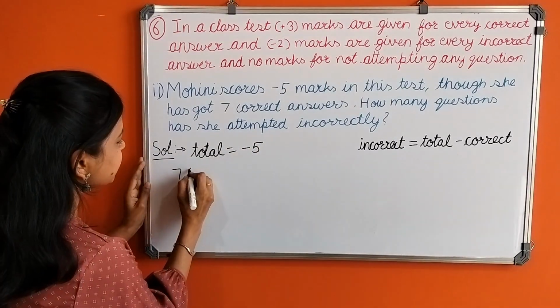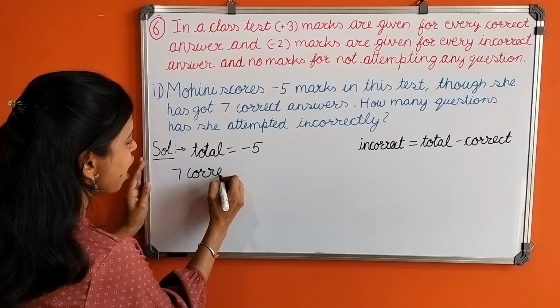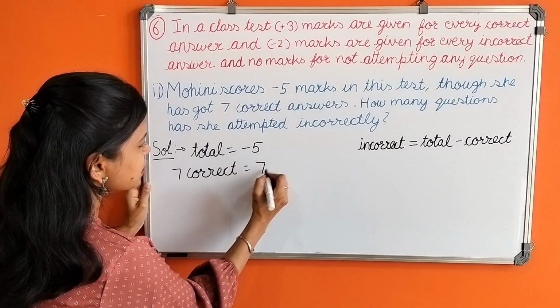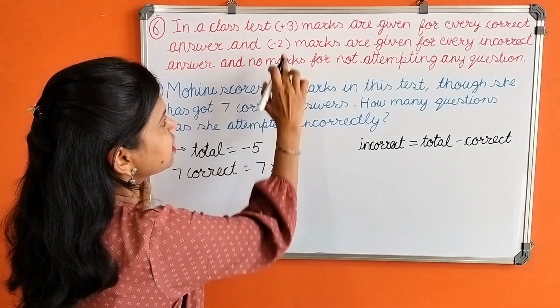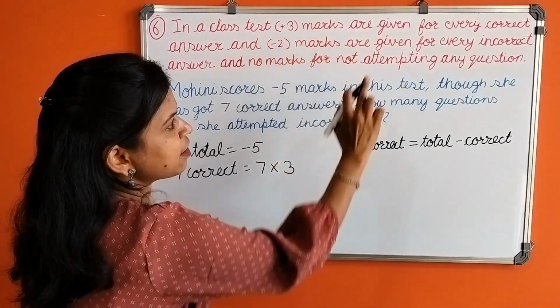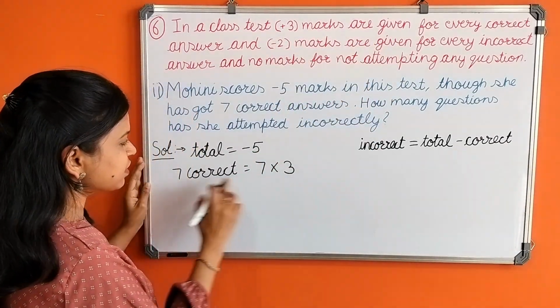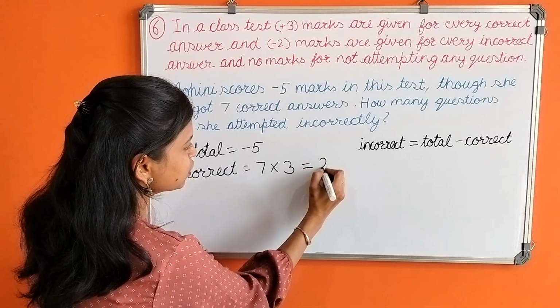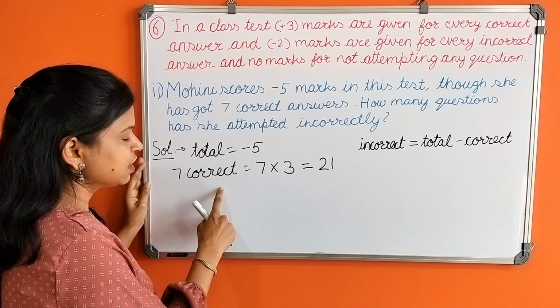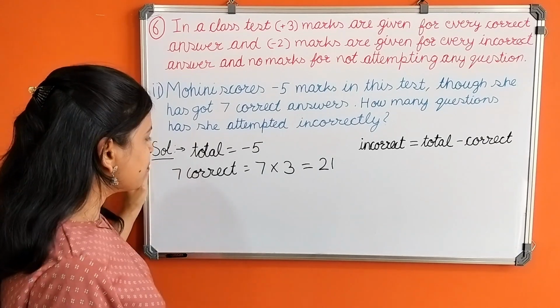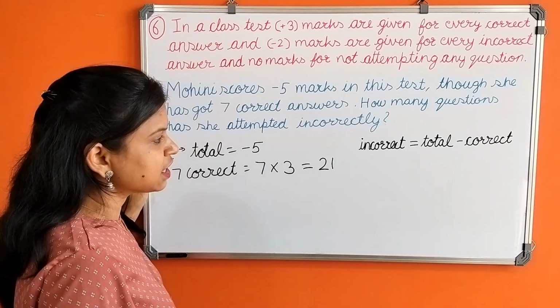And for 7 correct answers, how many marks has she got? 7 into 3. Why 3? Because 3 marks for every correct answer. So for 7 correct answers, 7 into 3, 21 marks. She has got 21 marks for correct answers. Now find out how many marks she has got for incorrect answers.